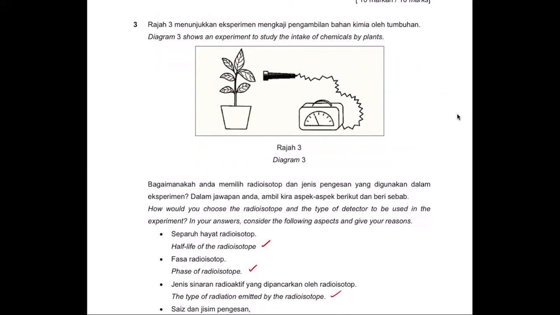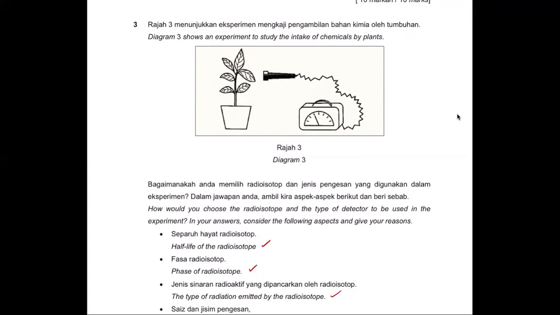Okay, so bear in mind that the usage of long half-life and short half-life varies according to the situations given. So in this case, because you are doing some experiments, then it would be better if you use a short half-life. Okay, short half-life, it should be in a few days.